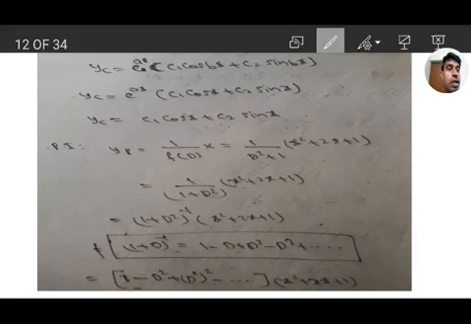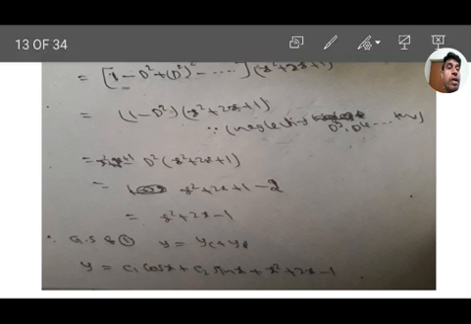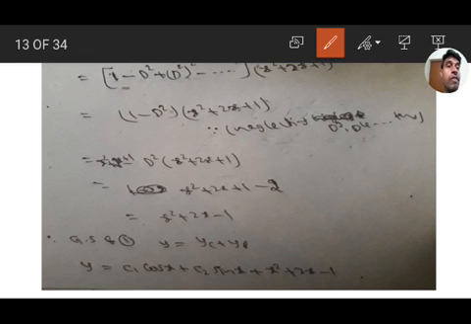Next, simplifying, we get 1 minus d square plus (d square) whole square minus and so on, of x square plus 2x plus 1. Here the highest power of x is x square, so up to d square only.